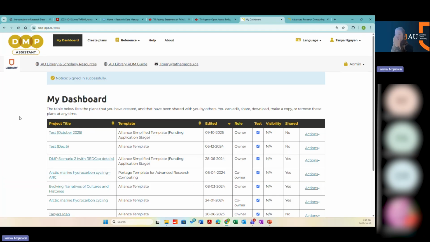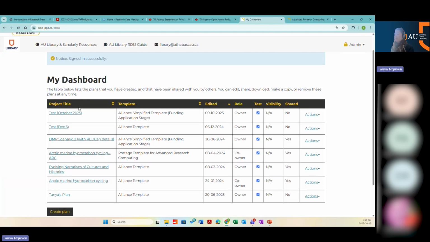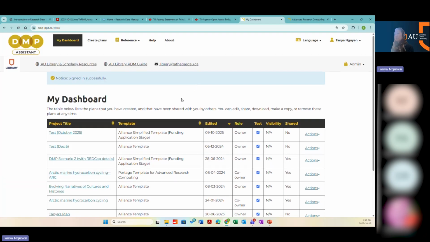So on my dashboard, I have a couple of plans I created, and these are mock data management plans. And when you sign up using your Athabasca University email, you'll get slotted inside the Athabasca University, AU's instance of it.